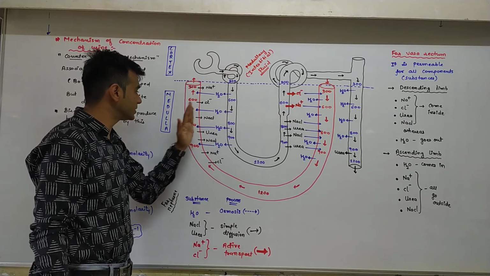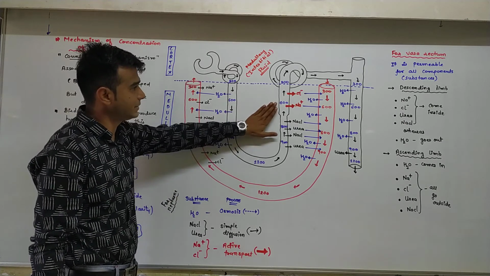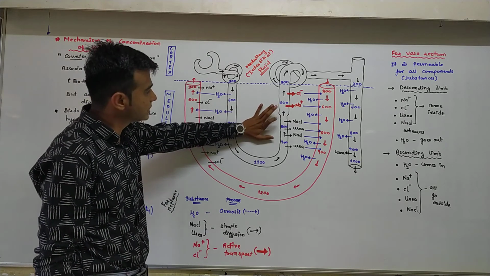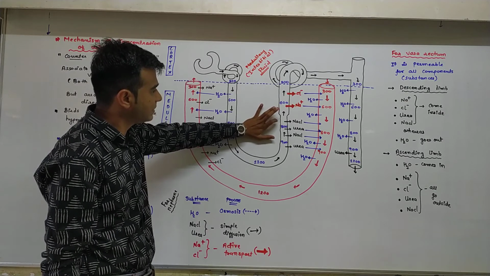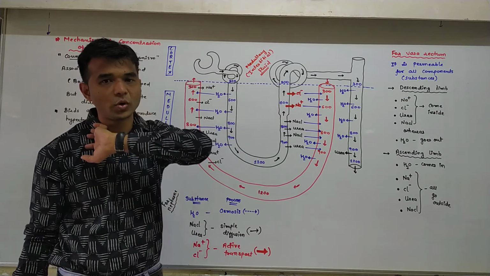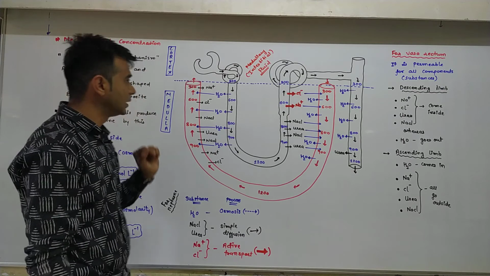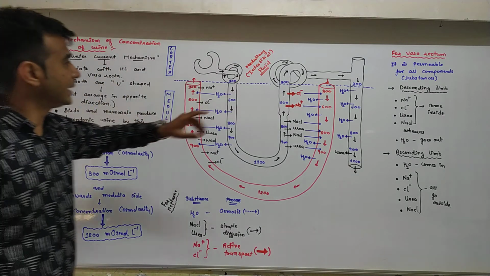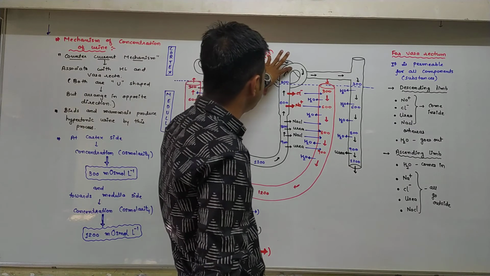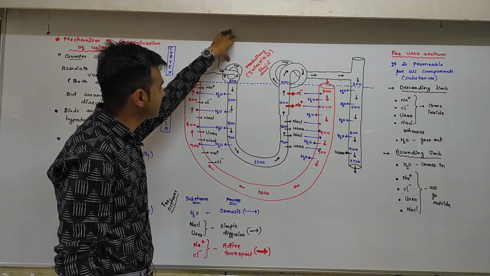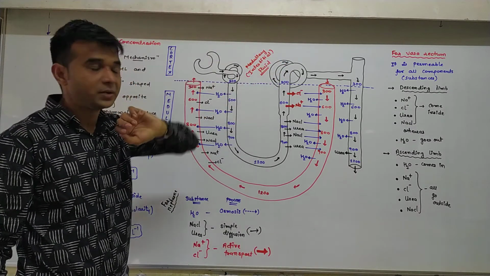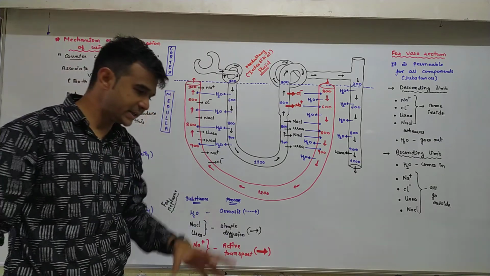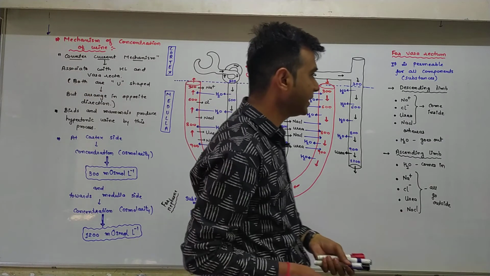The water goes here, but does not enter here, because you know that the ascending limb is impermeable for water. Now, at the end of this, tubular secretion is here and selective reabsorption is there. Fine, now you understand each and every function of the parts of the nephron.